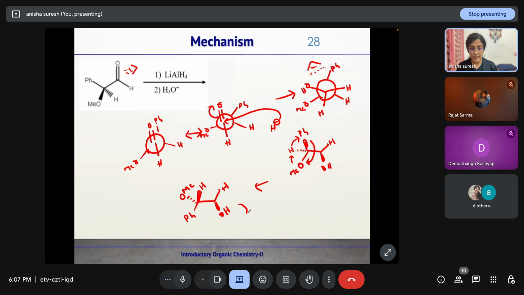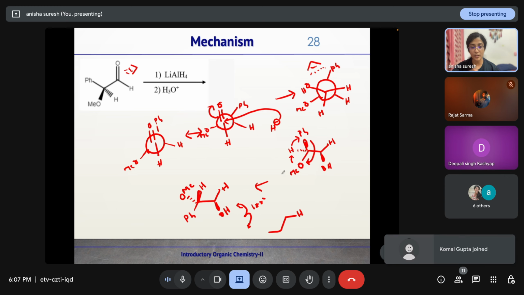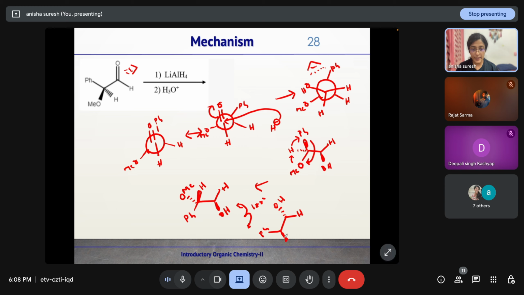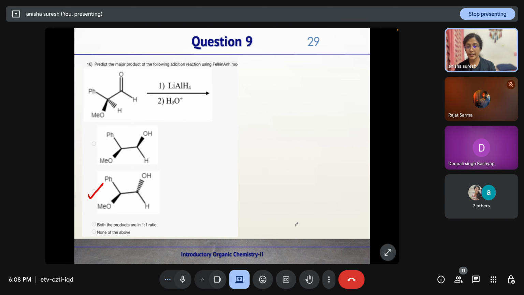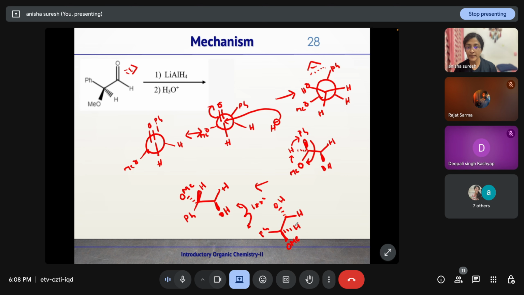If we rotate it by 180 degrees, this hydrogen, which was initially above, will go down, and methoxy will be coming above, and hydrogen will be coming below. Okay?